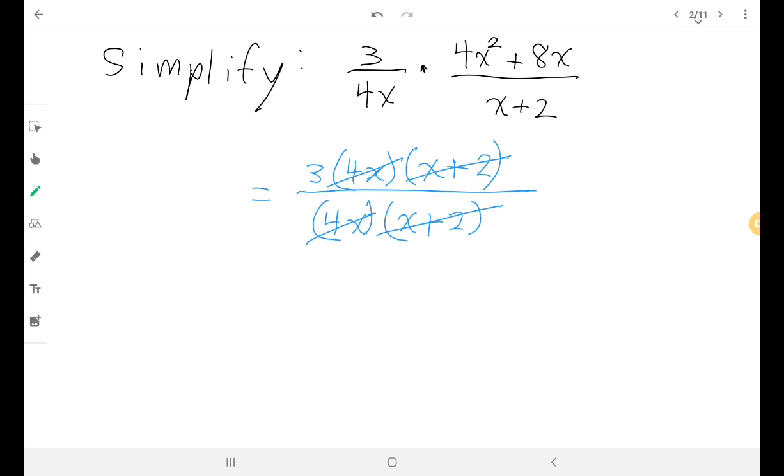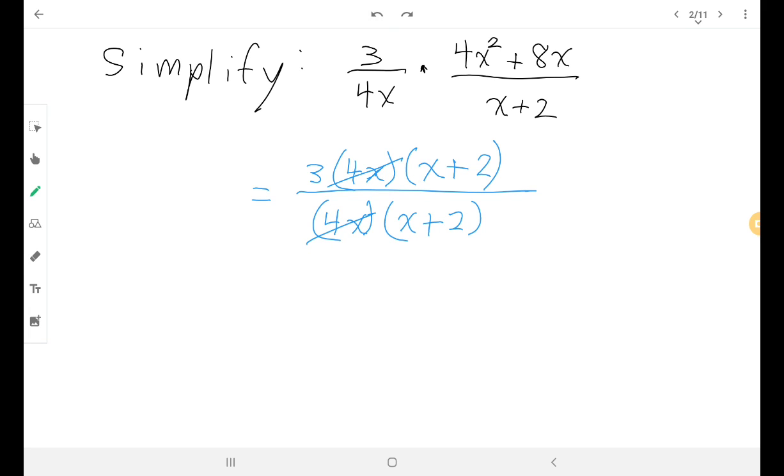Now, that only works because I've got the x plus 2 grouped together and I'm canceling the entire x plus 2 in both cases. What I can't do is, let me put this in a different color so that you can see that I'm not supposed to. I couldn't do this and this all by itself.